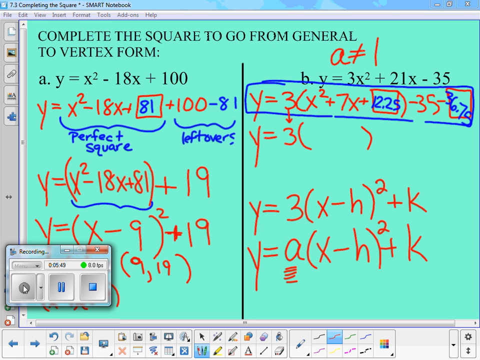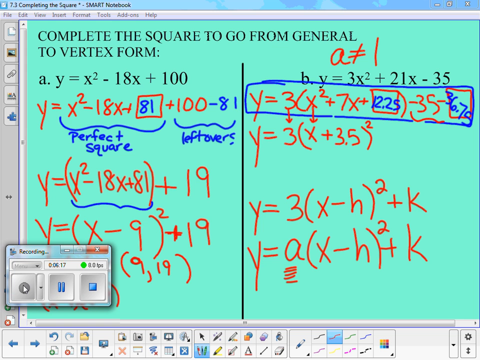Here's how this technique works. You take your x here. You move the squared out here. Whatever this sign is, plus, goes here. Half of 7, we had it on the board a moment ago. 3.5 lands there.